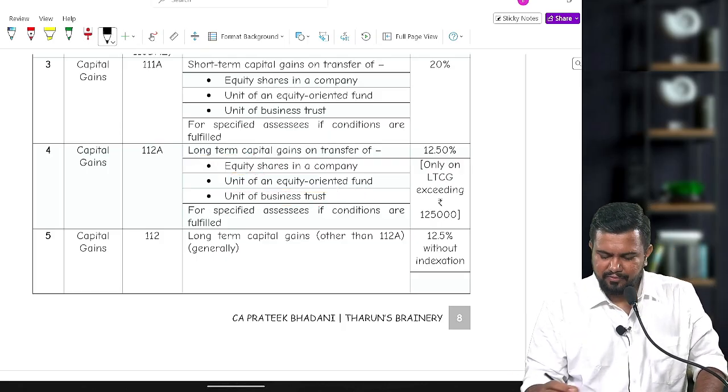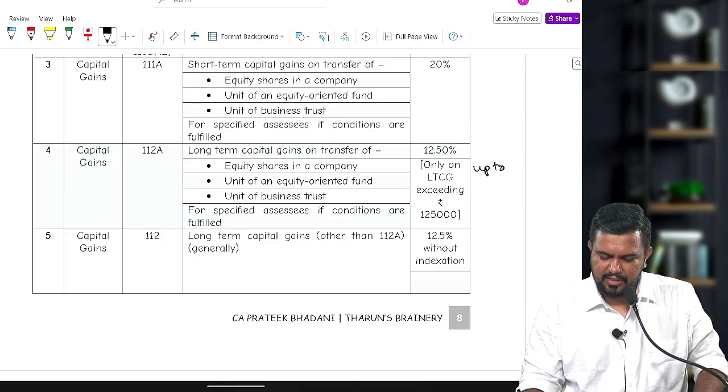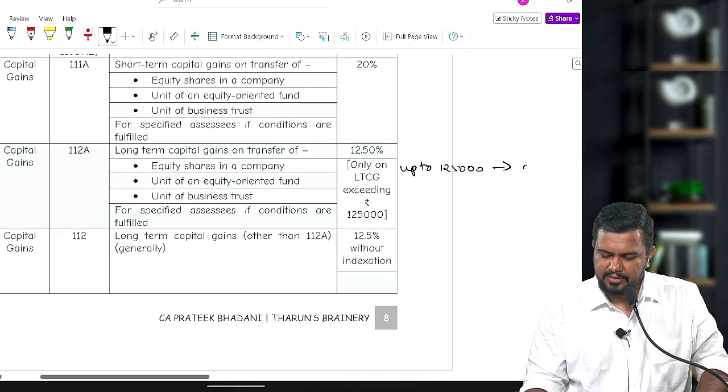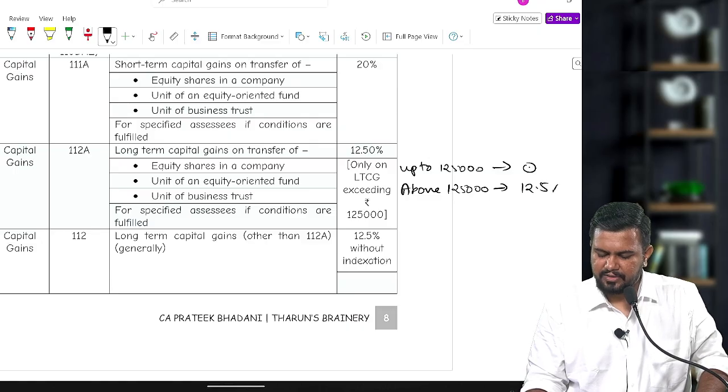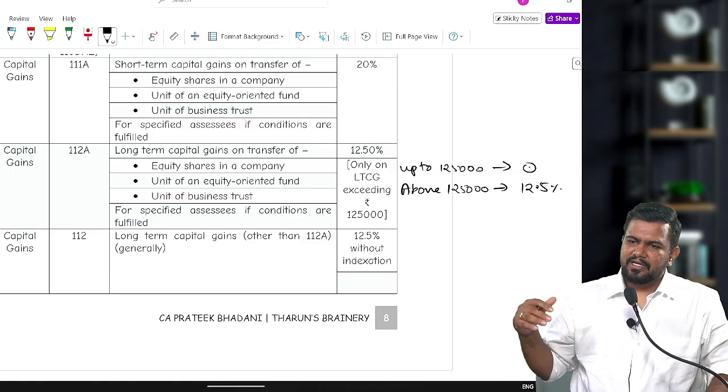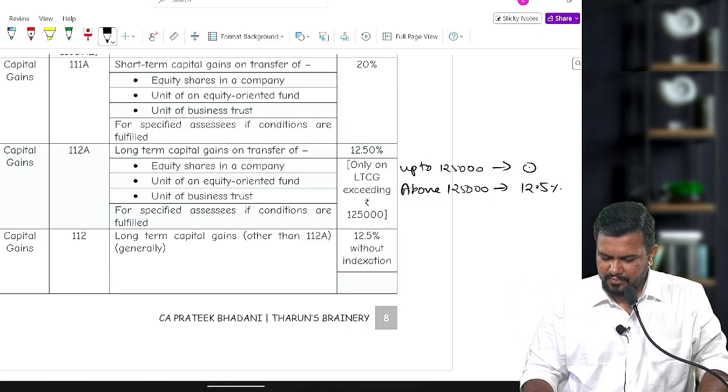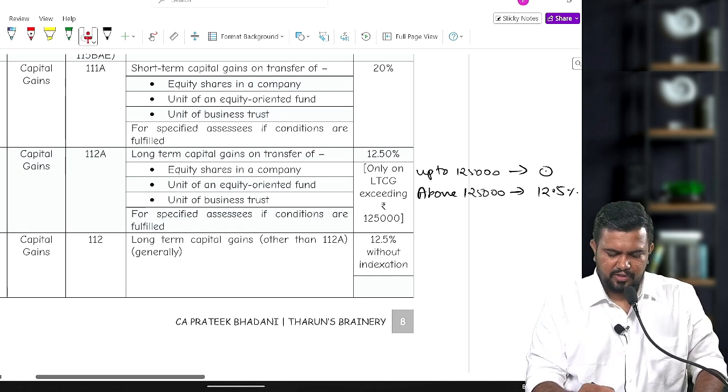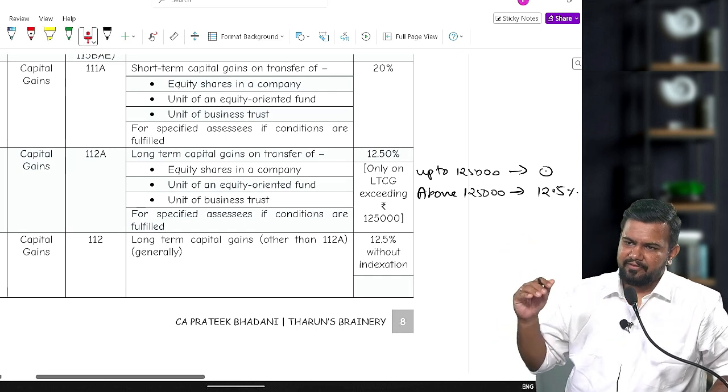Up to 1,25,000 it is nil. Please write: above 1,25,000, it is 12.5 percent. If you study like this, it will be easier for you to understand. So here also there is a slab rate system under 112A.